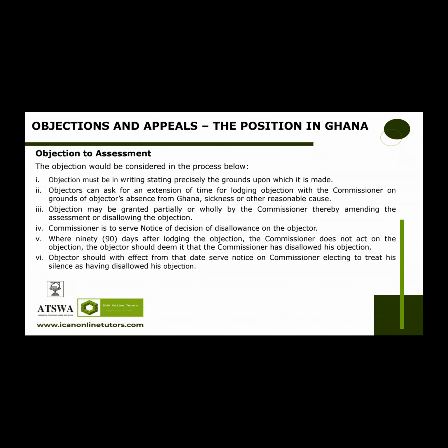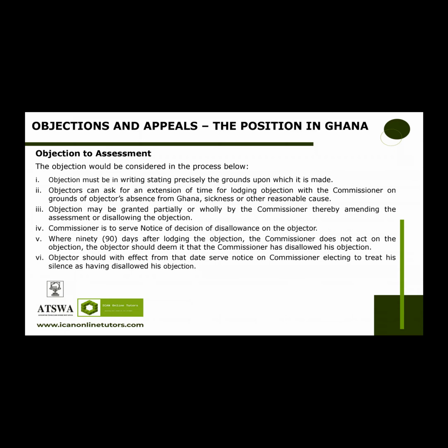Objector should, with effect from the date, serve notice on the commissioner electing to treat his silence as having disallowed his objection. If before this point, the commissioner and the objector agree on, or the objector is satisfied with the commissioner's objection decision in respect of an amendment to assessment or an allowance of the objection, then this closes the chapter on the administrative dispute resolution.